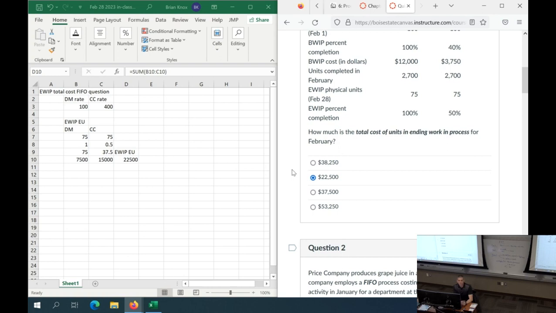All right. Yeah. What is the difference between ending work in progress and transfer out? Yep. Total cost of units. So the ending work in process means it's still in process. Whereas if it's transferred out, it means we must have completed it. I am ignoring the possibility of scrap.